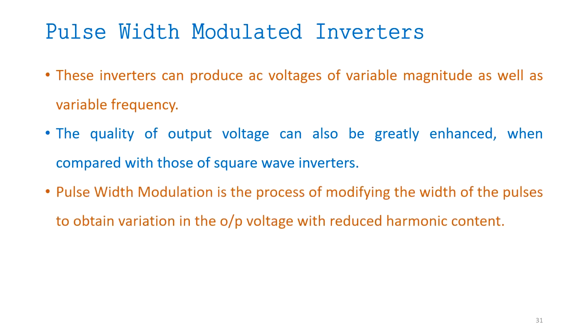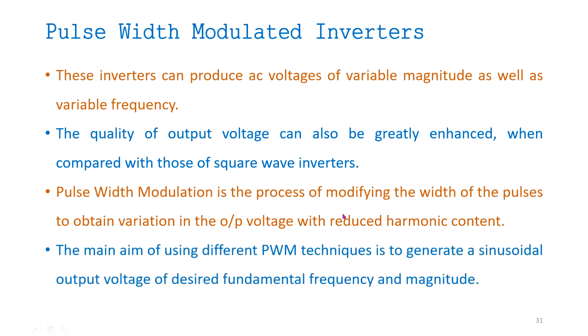Pulse width modulation is a process of modifying the width of the pulse to obtain variation in the output voltage with reduced harmonic content. You get a modification in the output pulses by just modifying certain control pulses, which results in reduced harmonics.